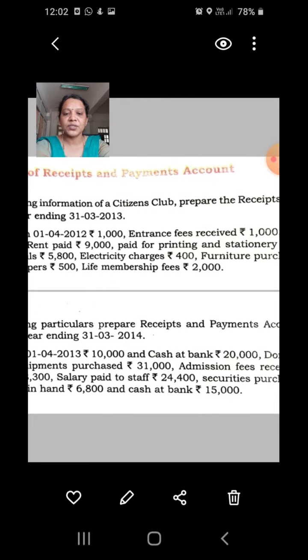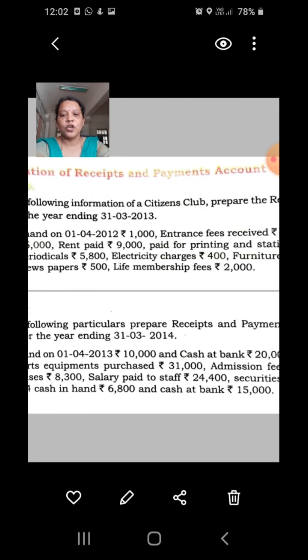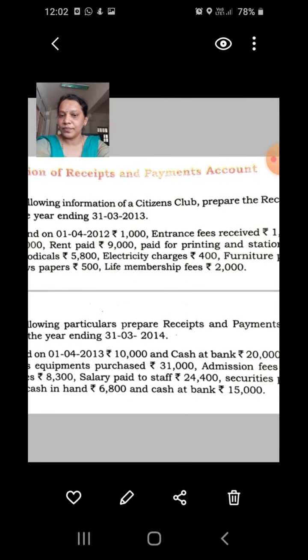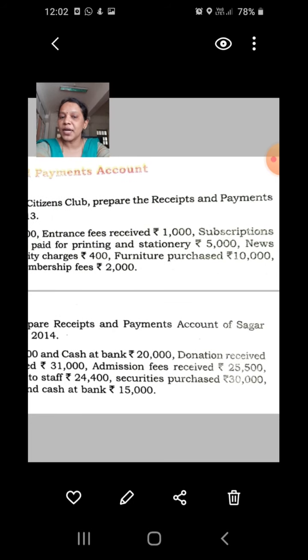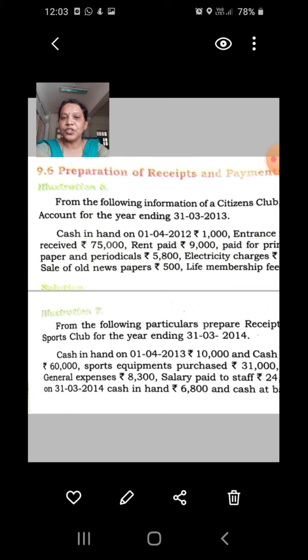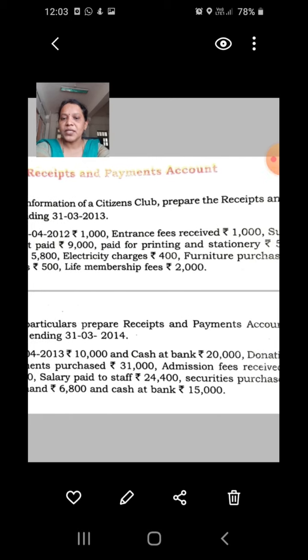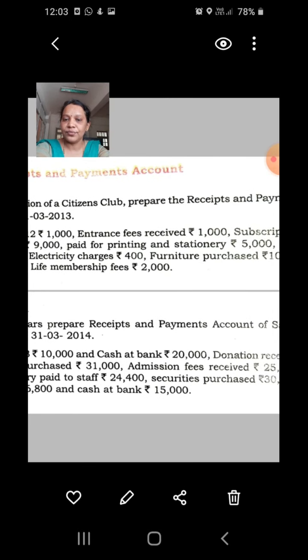Then donation received, receipt side, 60,000. Sports equipment purchased, payment side, 31,000. Admission fees received, receipt side, 25,500. General expenses 8,300, payment. Salary paid to staff 24,400, obviously payment.